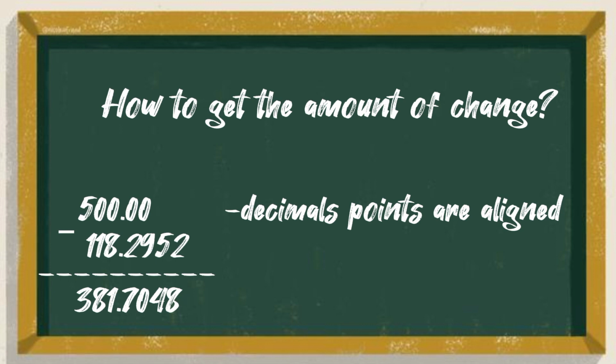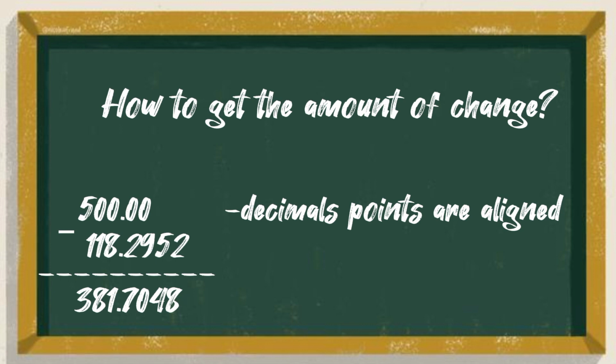Next, put the 118 and 2,952 10,000ths, which is the total amount spent for a pair of sandals and socks. Since we already put the decimal points aligned to each other, our next step is to subtract.